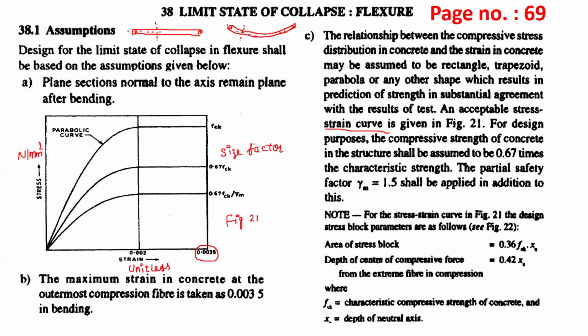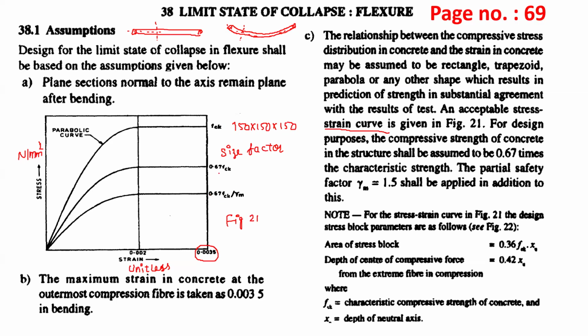For a cube, we have dimensions of 150 by 150 by 150 and we can maintain the quality. But when it goes to the sizes of the elements, it becomes difficult to maintain the same quality, and therefore we reduce that value to 0.67 fck.